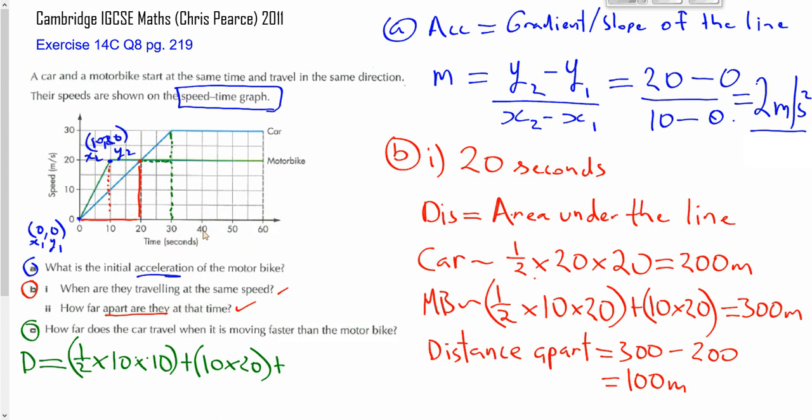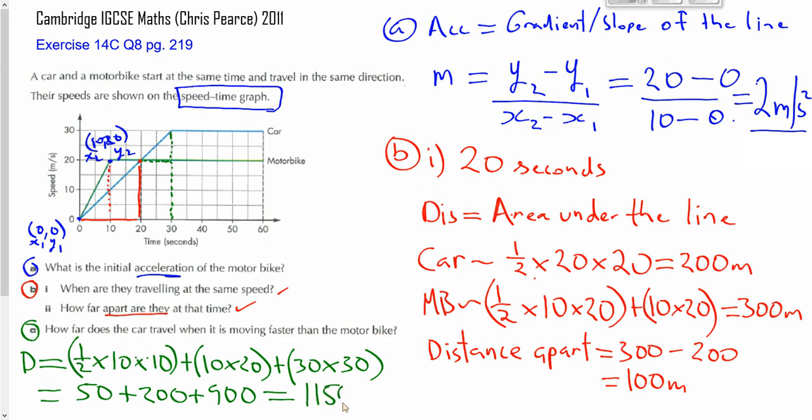So we've got 10, 20, 30, so 30 by 30. The total distance is going to be 50 plus 10 times 20, 200, plus 30 times 30, 900, which will equal 1150 metres.